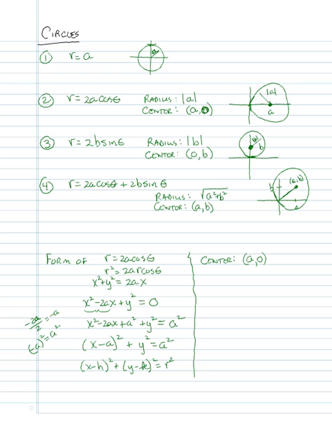Now the radius, well, whatever we square to get a squared is the radius. And so we just have to be a little bit careful here. The radius, in this case, if a is a negative number, for example, negative 4 squared, we couldn't say the radius is negative 4.